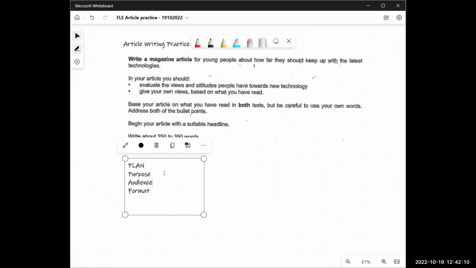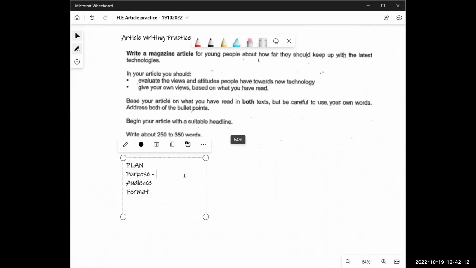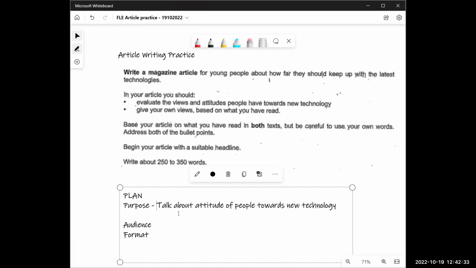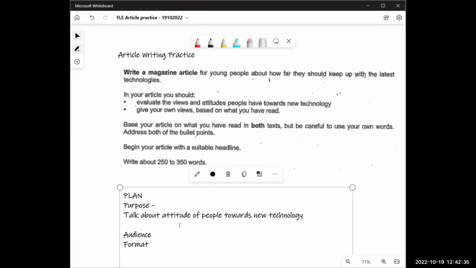Now this is my plan. What is the purpose of this article? The purpose of this article is about young people and how far they should keep up with latest technology. So, attitude of people towards new technology. And next, about how far they should keep up with latest technology.